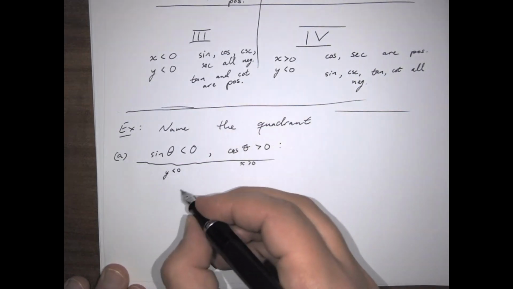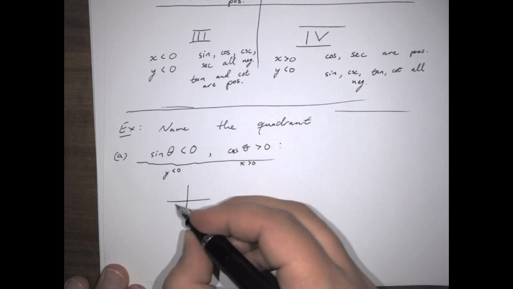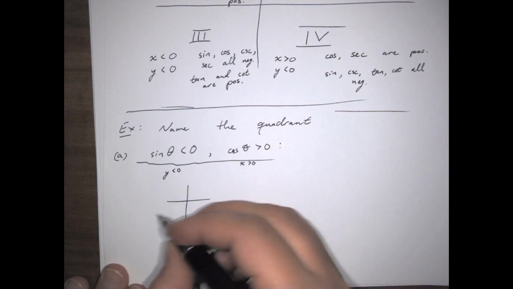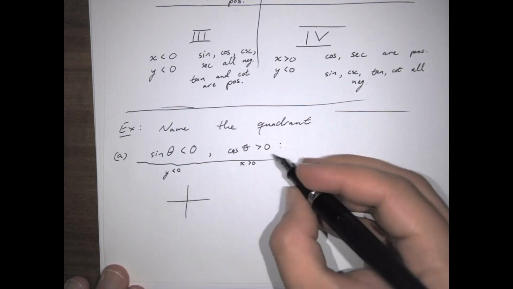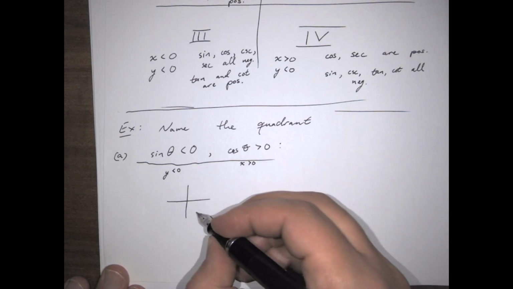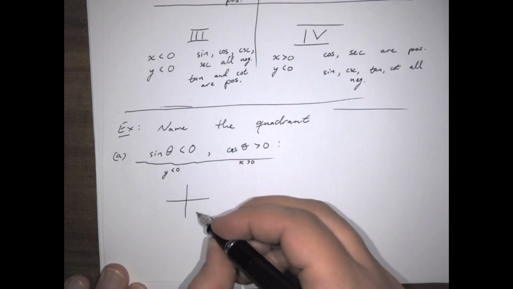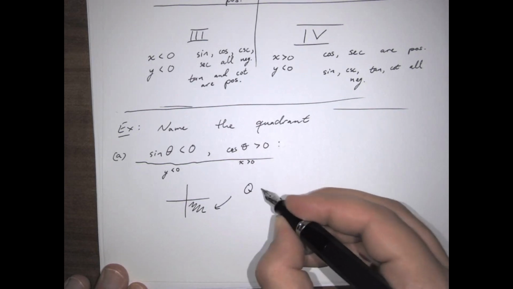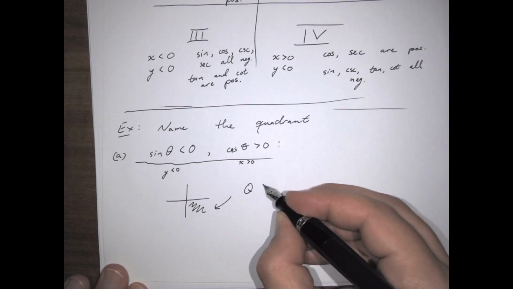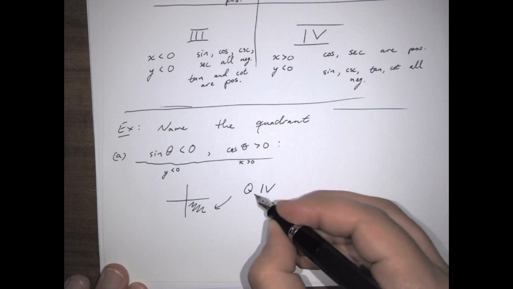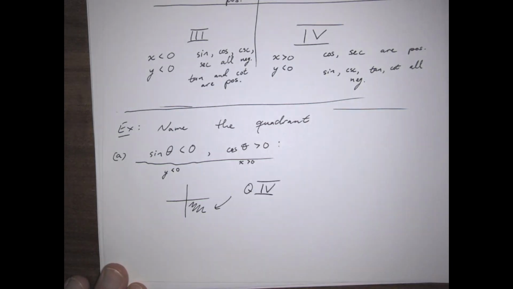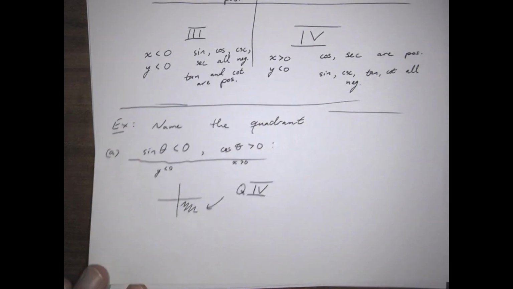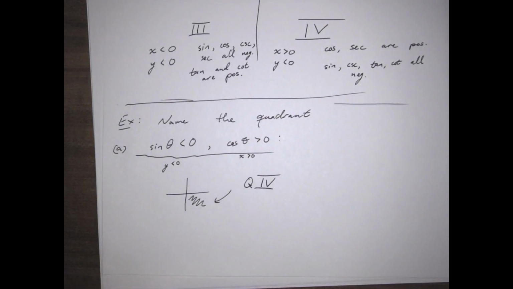Negative y means below, south of the equator here, and positive x means east of the meridian. So that means we're over here. So the answer is quadrant 4. This is one way these are often written, with capital Roman numerals.